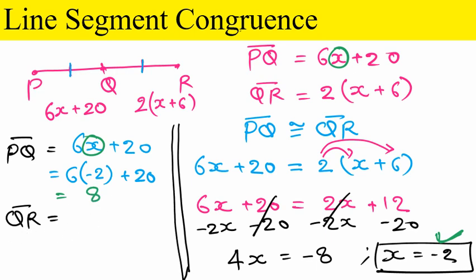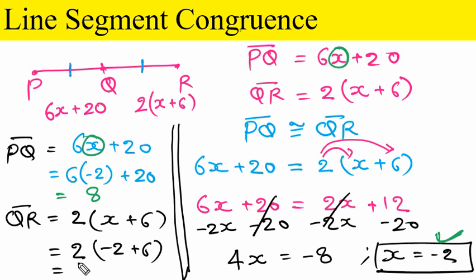Let's try the other one, QR, 2 times x plus 6. When you solve this, you will get 8, right? This is minus 2 plus 6, 4. 4 times 2 is 8.